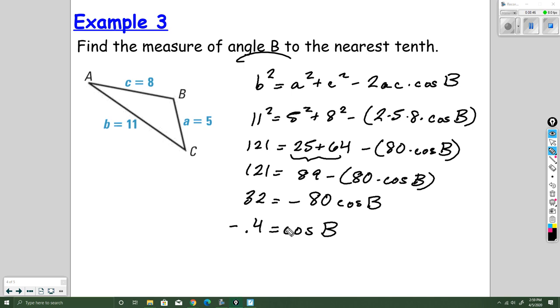Now we've isolated the cosine of B. And this isn't so hard because we know how to get rid of that cosine. Just take inverse cosine. So B equals inverse cosine of negative 0.4, and that would give us 113.6 degrees.